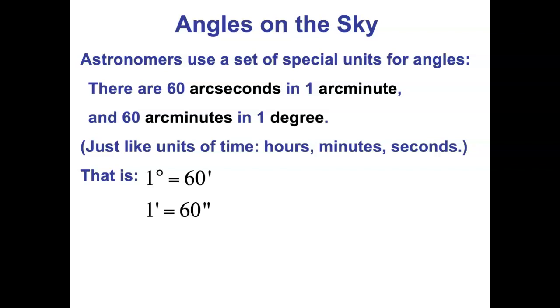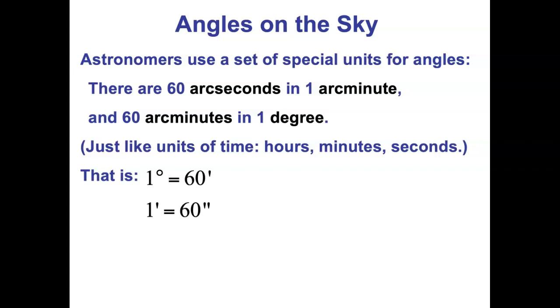And typically, in most math classes, when we measure angles, we measure in either degrees or radians. For our purposes in astronomy, a radian is way too big. One radian is a really huge angle. In fact, one degree is too big in astronomy.